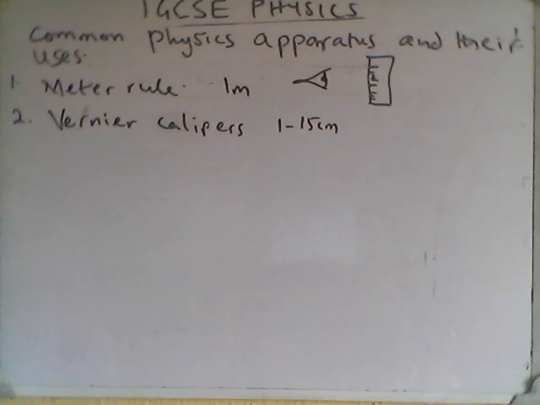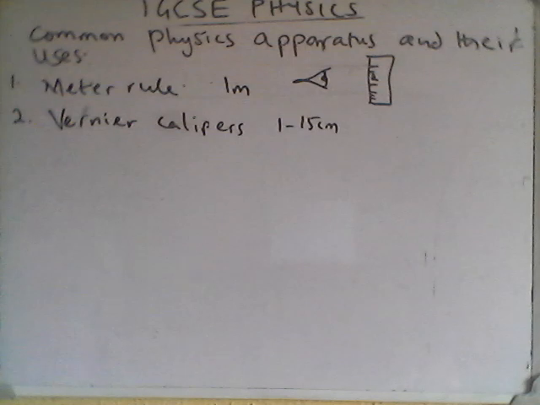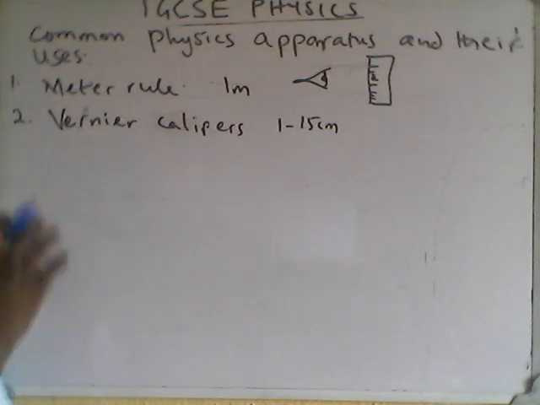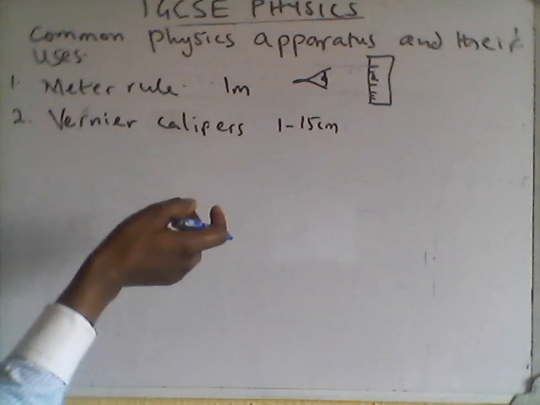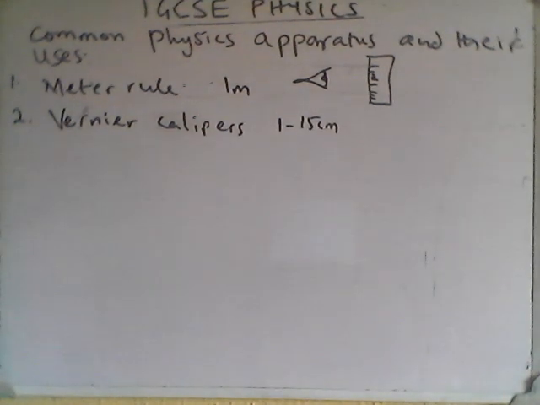So there is high precision for vernier calipers. And if you want to use vernier calipers safely, so that you can get accurate results, you handle it gently and read the main and the vernier scale. So it has 2 scales, the main and the vernier scales.